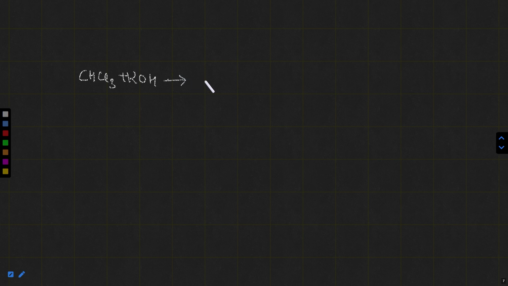We use the same CHCl3 and KOH. First this KOH will remove the H and we will get CCl3 minus. Further, this Cl will be removed automatically to give this. This is called carbene.